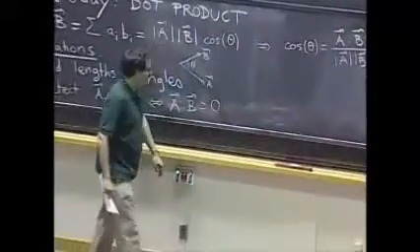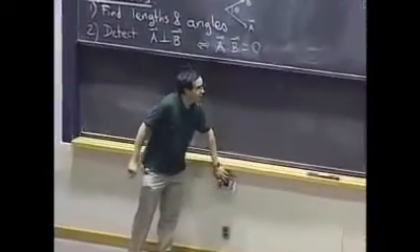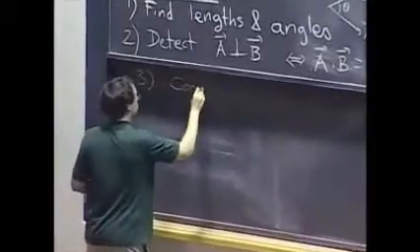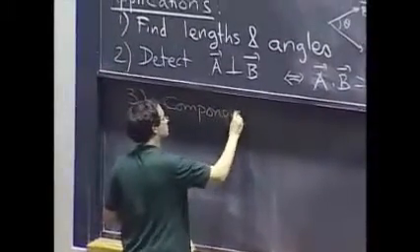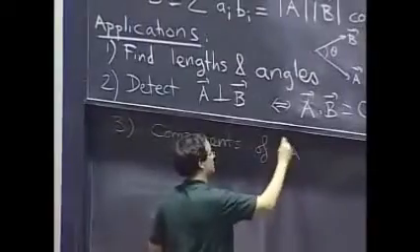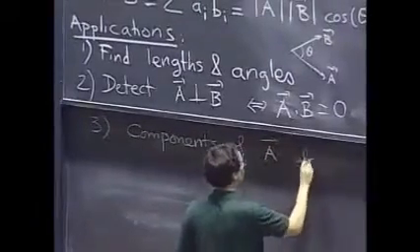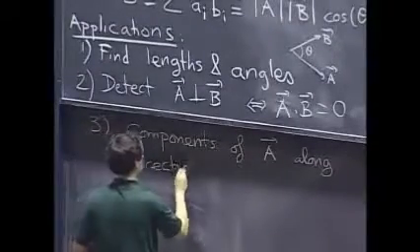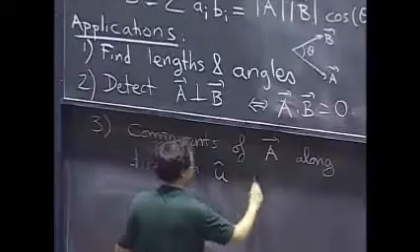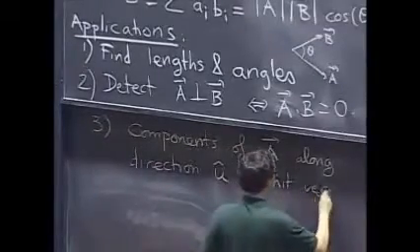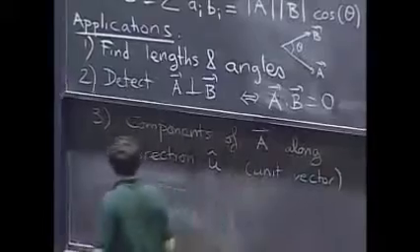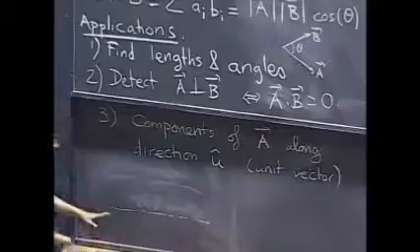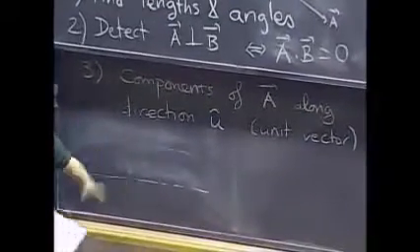Okay. And one third application that we didn't have time to discuss yesterday, that I will mention very quickly, is to find components. So let's say, find the component of a vector A along a direction U, so some unit vector. So let me explain. Let's say that I have some direction, for example, the horizontal axis on this blackboard, but it could be any direction in space.